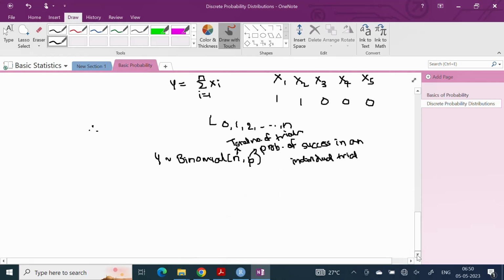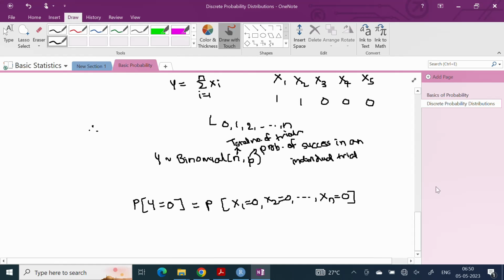How do I compute the probability of each of these values? For example, I want to compute the probability of y equal to 0. Now y equal to 0 means each xi has to be 0. So this is the same as x1 being 0, x2 being 0, and so on, xn being 0.